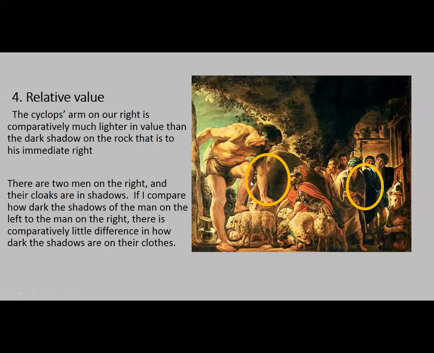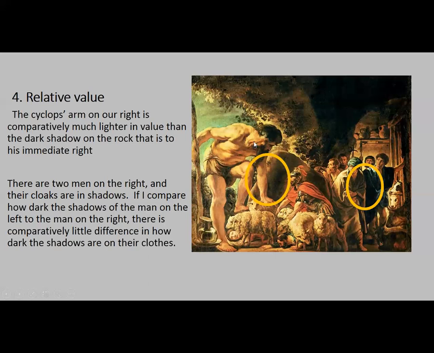So if I squint my eye and I look at the Cyclops' arm, it's really light. And comparatively, right next to it, this dark brown rock, that's a really dark value. So his arm is much lighter in value than the rock, which is a dark value. Now let's go to these two guys over here. They're in the shadows.